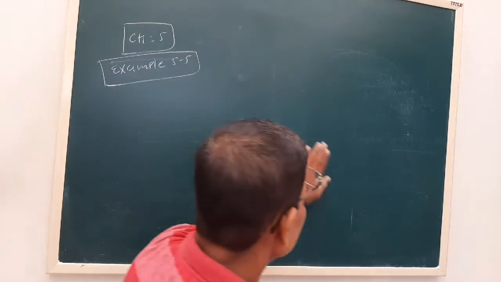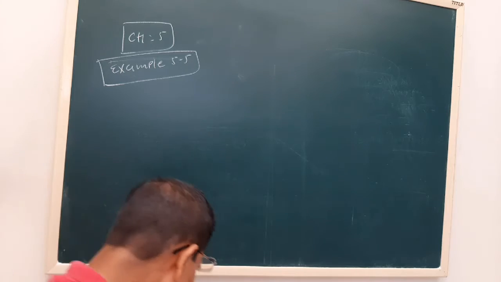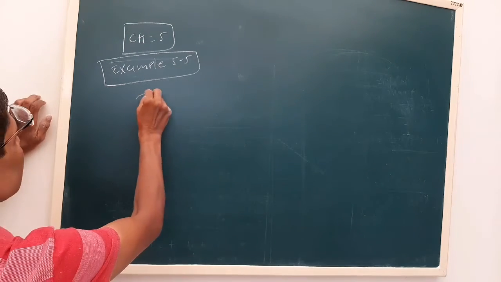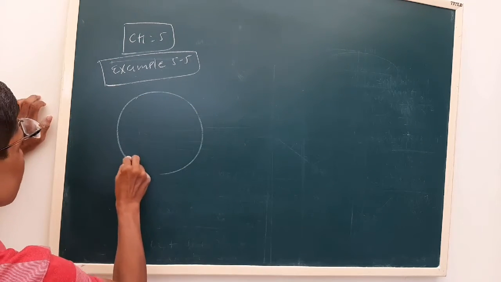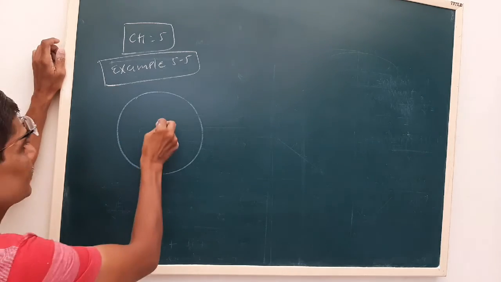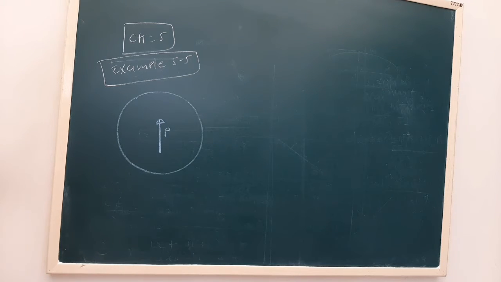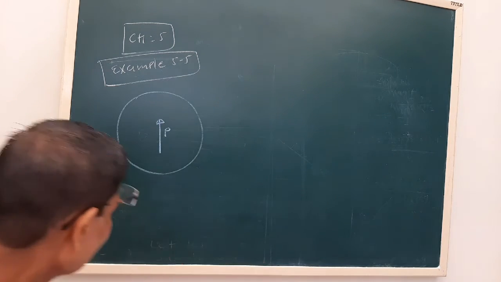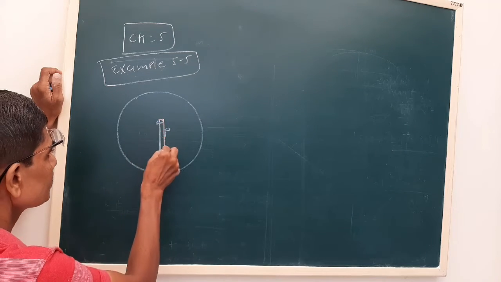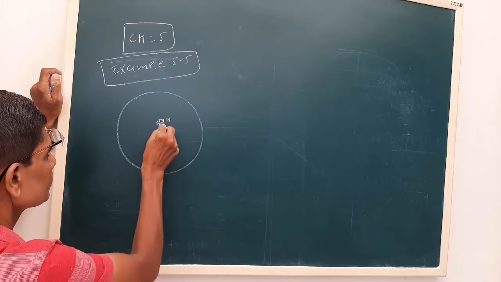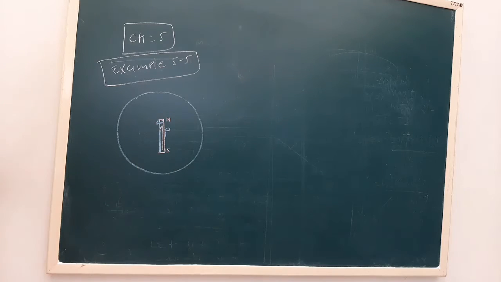Now see the condition. See, consider a small bar magnet P. This is the direction of the magnetic field, and it shows the direction. Now this produces a magnetic field. There is another magnetic needle which is placed at different positions.